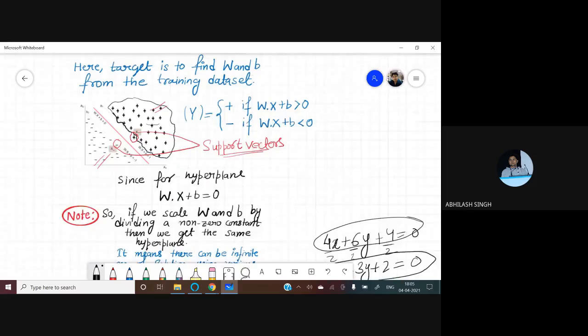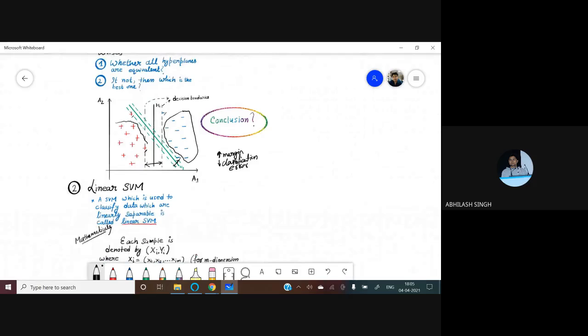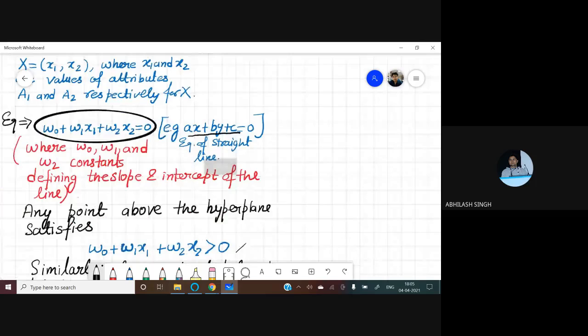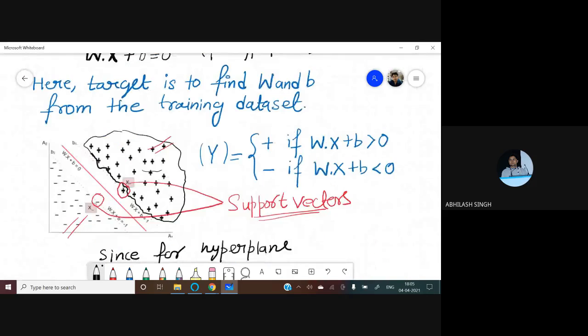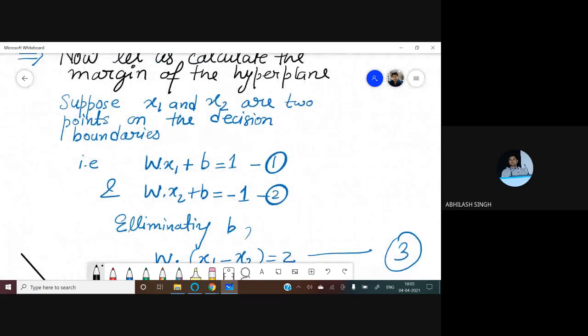As I have shown you in this diagram, this part is your margin, and let me define this part as D. So we are interested in maximizing D. Let us see from a mathematical point of view how we are going to compute it. It is a very important thing, how we are going to calculate D.